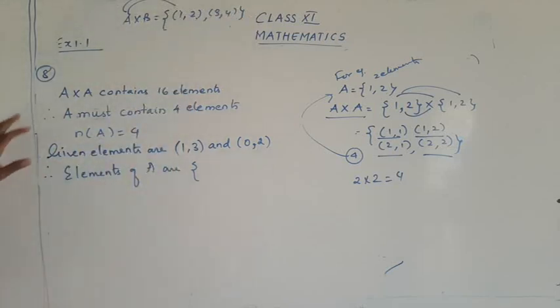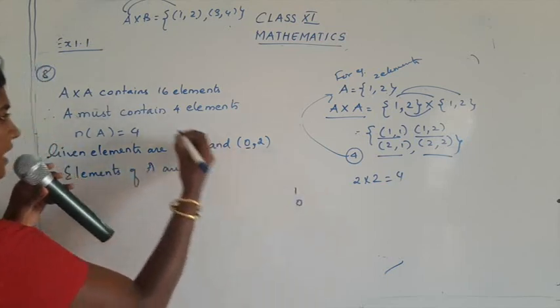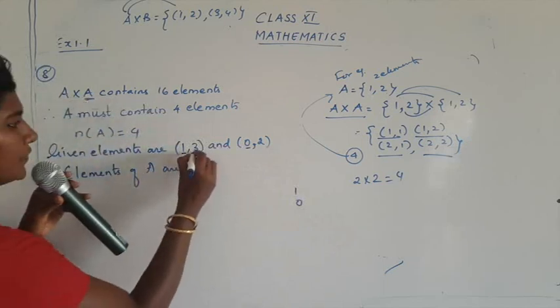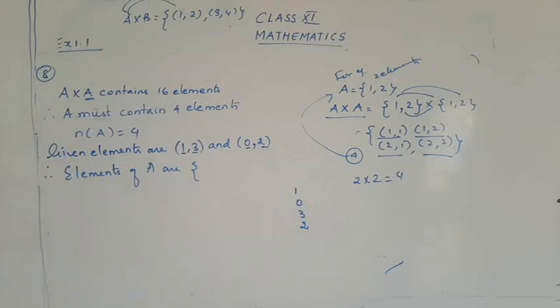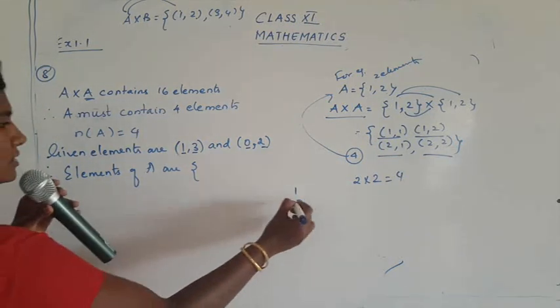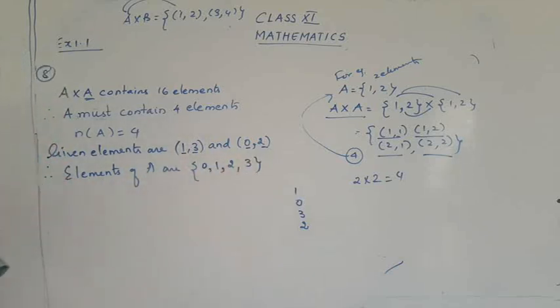Similarly here, A cross A, for the first A the members are 1 and 0, and for the second A the members are 3 and 2. So try to write in order: 1, 0, 3, 2. We always arrange the elements in ascending order. So you get 0, 1, 2, 3. So the elements of A are 0, 1, 2, 3. This is the required answer.